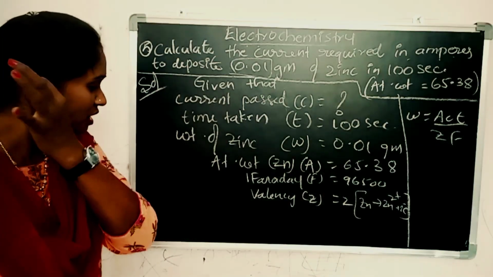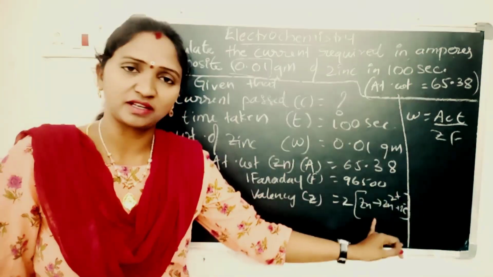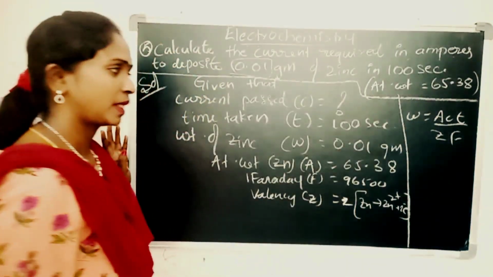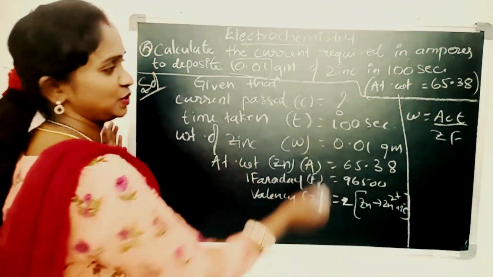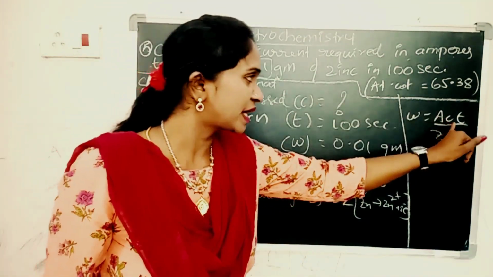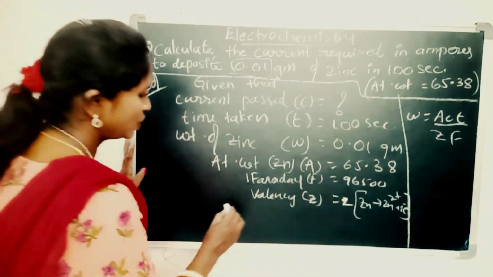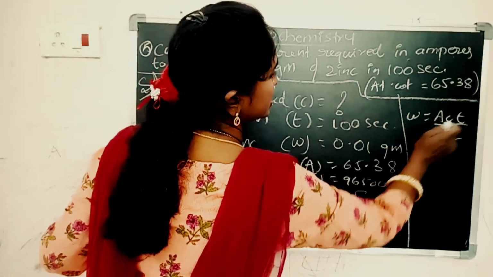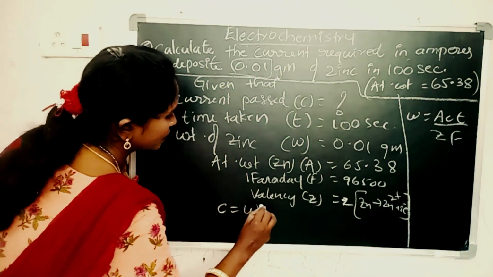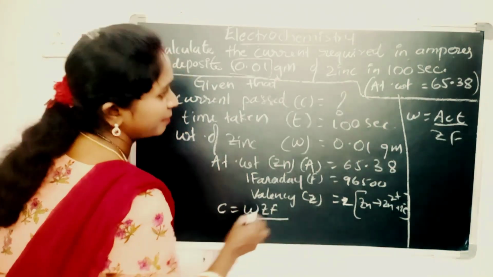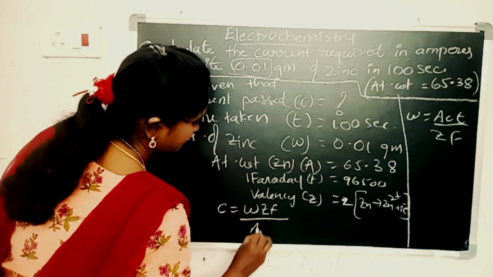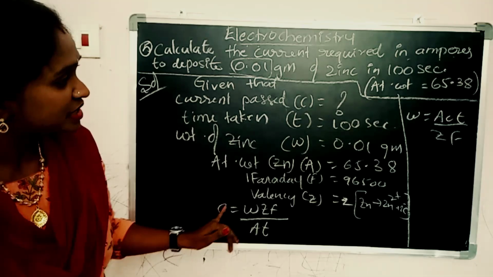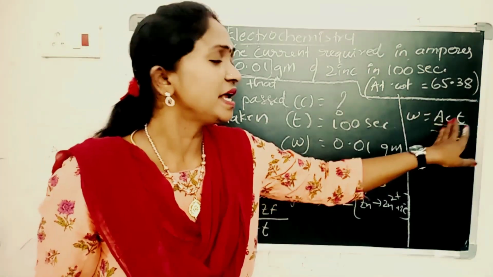So here we have all the values. Then C equal to W ZF by AT.